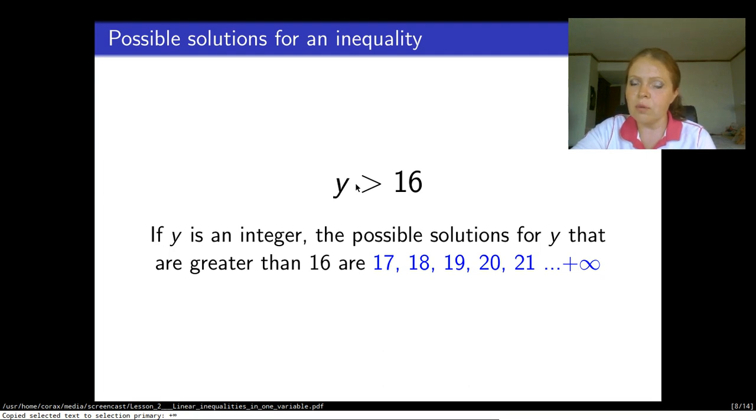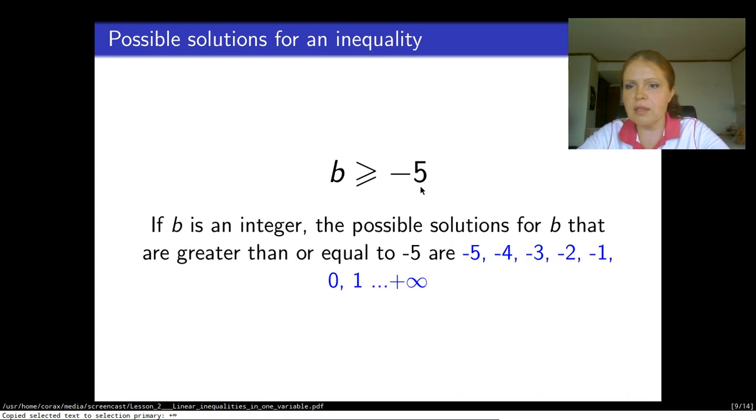The 1 million or billion also makes this inequality true. So, as you can see, all normal inequalities have many solutions.